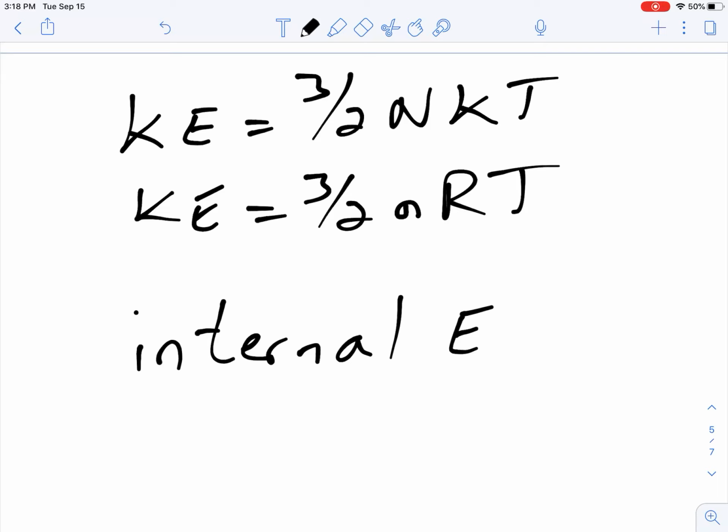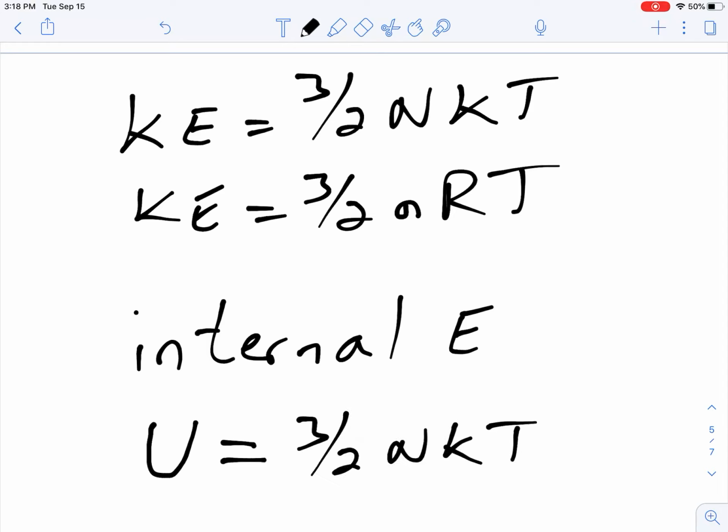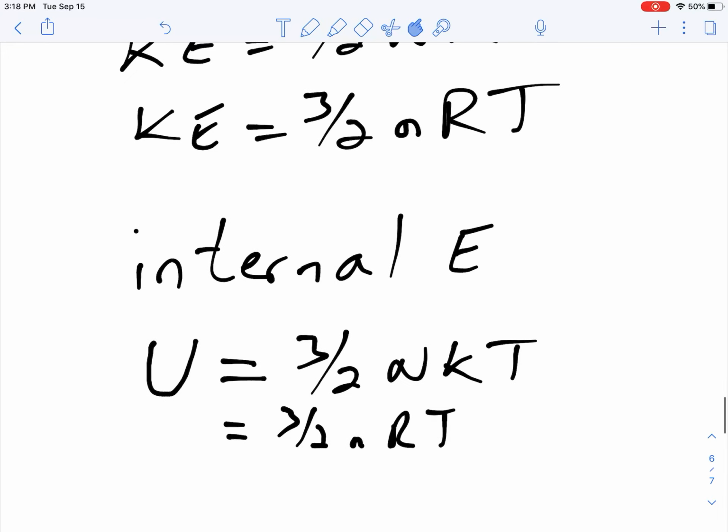So we give the symbol of capital U for internal energy, and the internal energy is 3/2 nkt, or 3/2 nRT, depending on which way you like it.